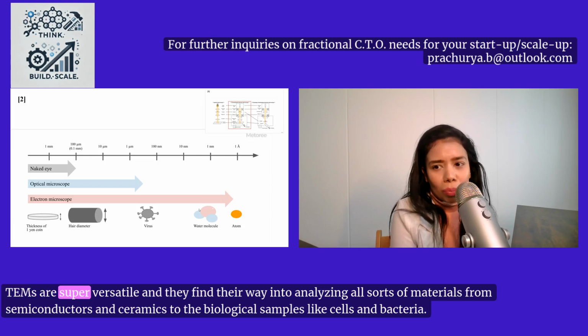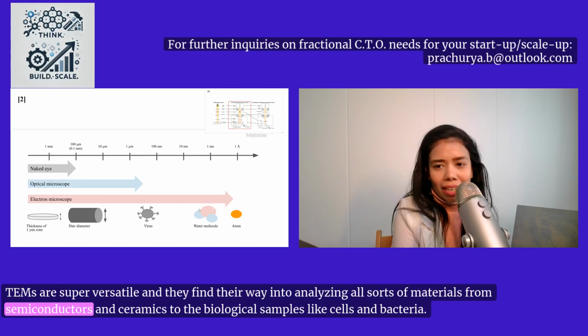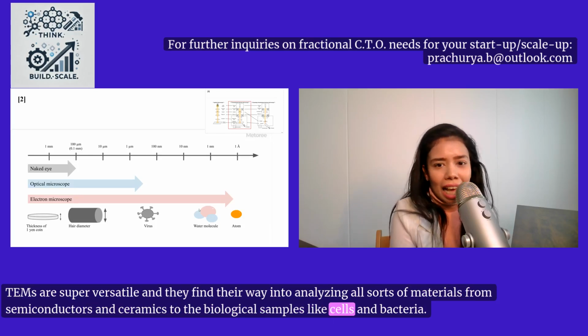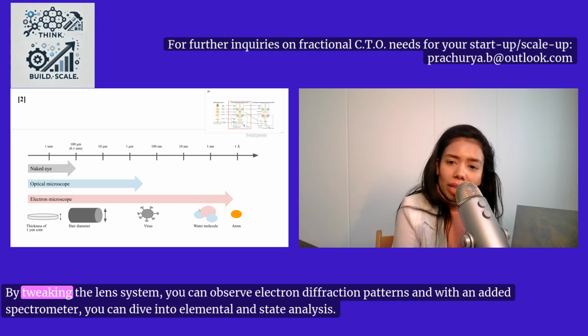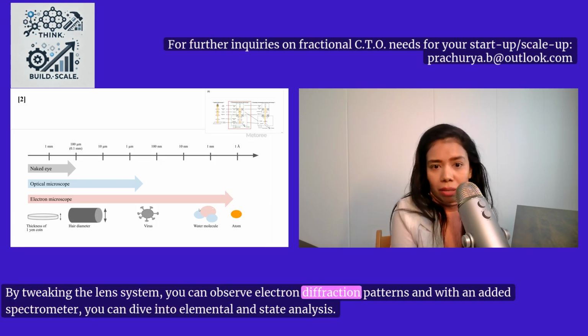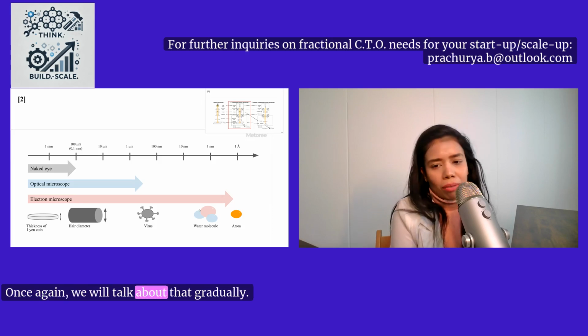TEMs are super versatile, and they find their way into analyzing all sorts of materials, from semiconductors and ceramics to biological samples like cells and bacteria. By tweaking the lens system, you can observe electron diffraction patterns, and with an added spectrometer, you can dive into elemental and state analysis. Once again, we will talk about that gradually.